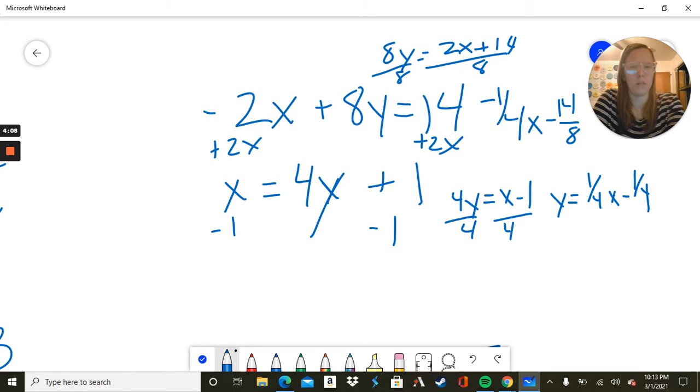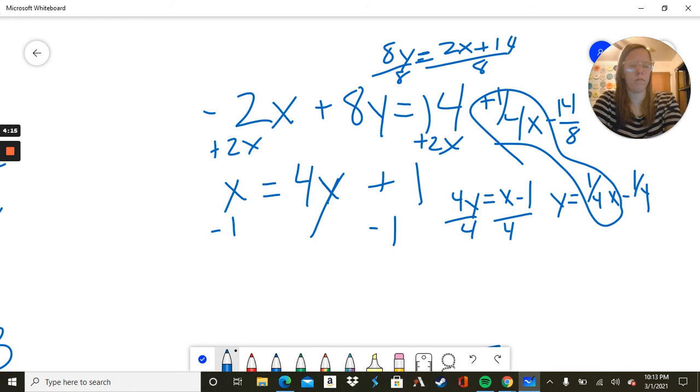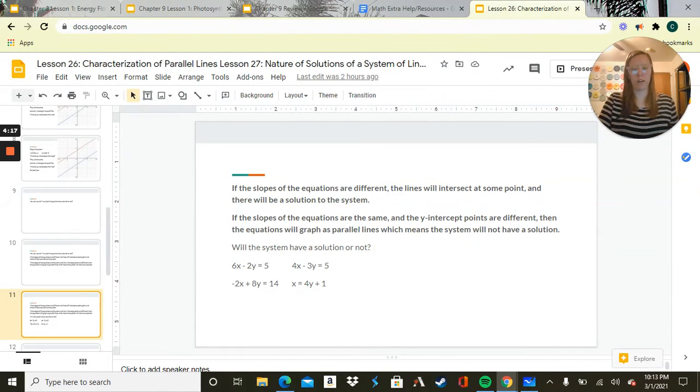Oh, this is supposed to be positive. I included a negative. That's why. Sorry. So they have the same slope. Therefore, they will be parallel lines, so that system does not have a solution.